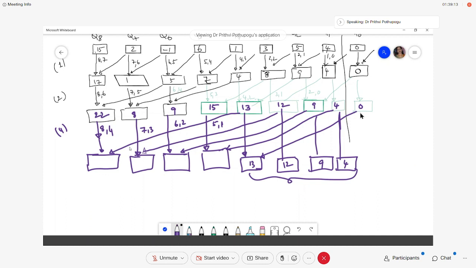Now the values what we have here, see here. 8 and 4 are talking means that 22 plus 13, that is 35. And this is how much? 20. And this is 9 plus 9, 18. And this is 15 plus 4, 19.